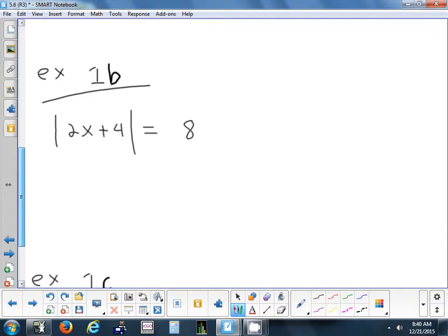No. So then this is fine. The absolute value is already by itself. If I had something like this, that's a problem. But we don't. So we're ready to split it into 2. Sam, can you give me one of my 2 equations?